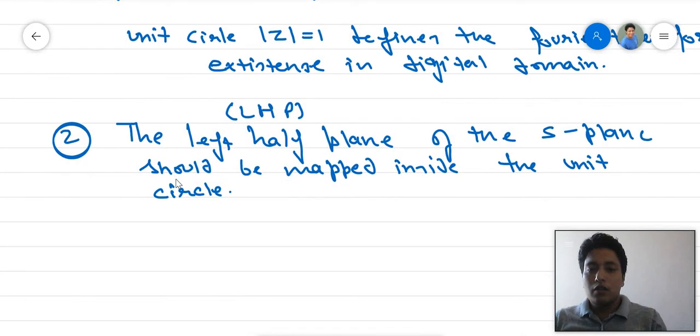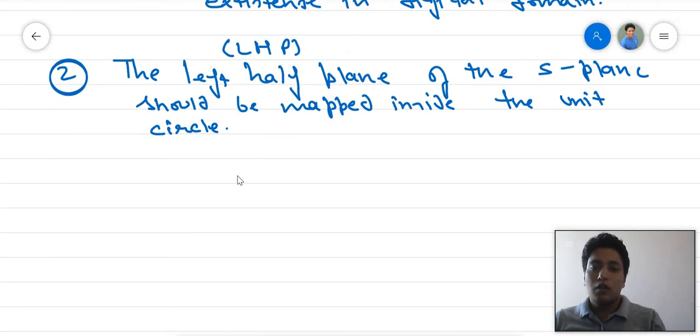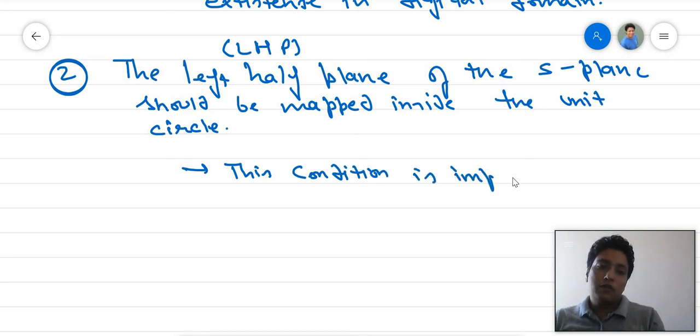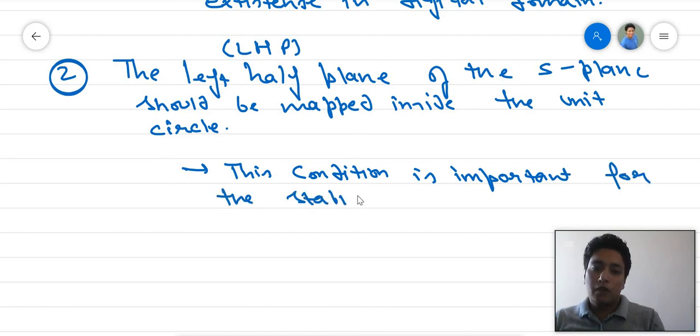Now this condition is important for the stability of the filter.